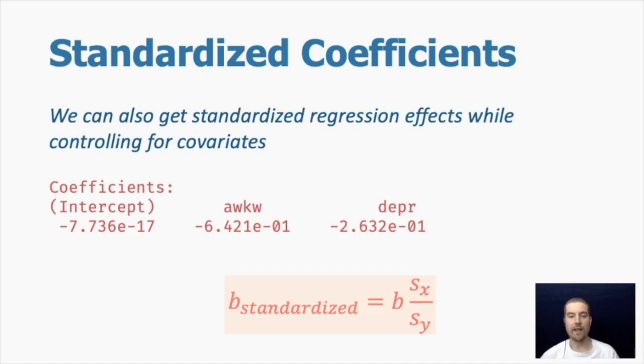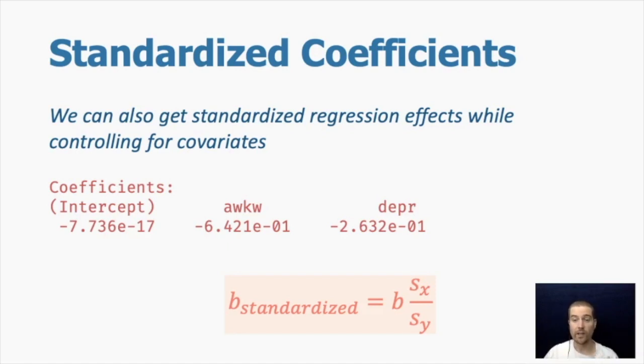And all that's saying is that for a 1 standard deviation increase in awkwardness, there is a negative 0.64 decrease in the income in standard deviation units. Another way of saying that is the income will go down 0.64 standard deviation units for every 1 standard deviation unit increase in awkwardness.